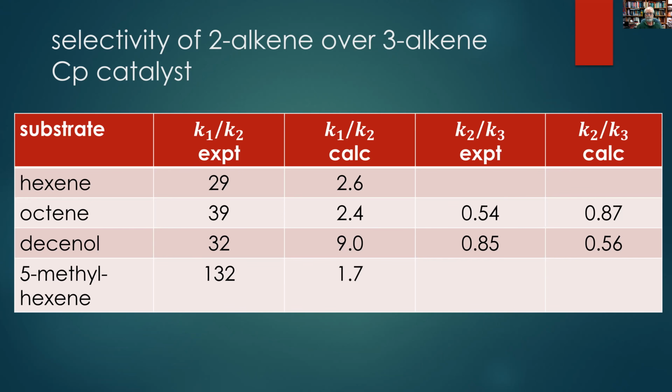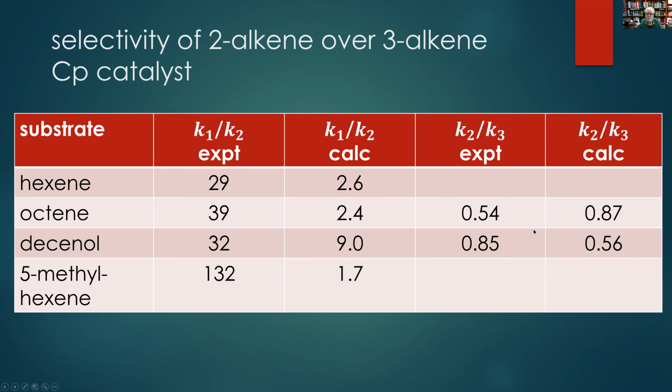And that's important for the next directions we're going to take. But I did want to point out that to the extent we're looking at the right rate determining step in this reaction, we are able to predict qualitatively the correct trend that the 2-alkene forms quickly, the 3-alkene forms more slowly.